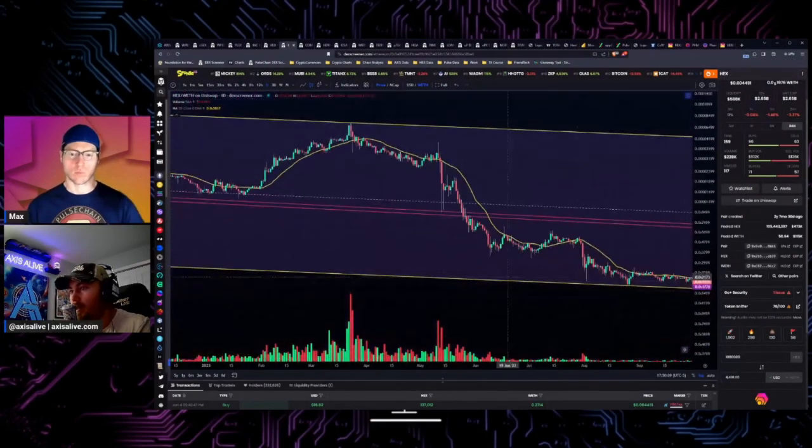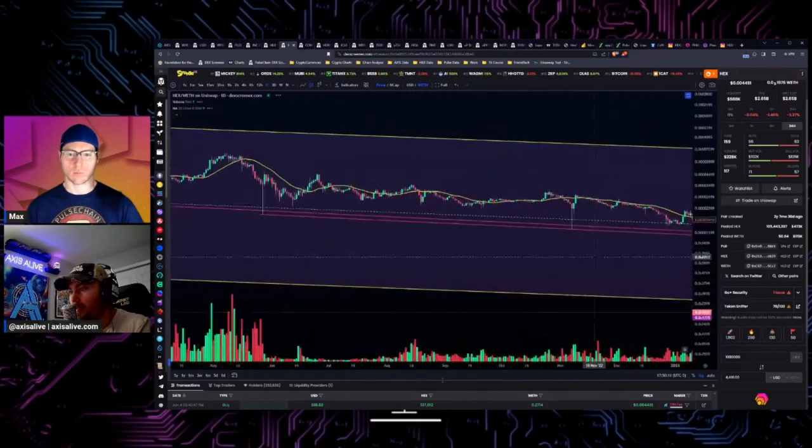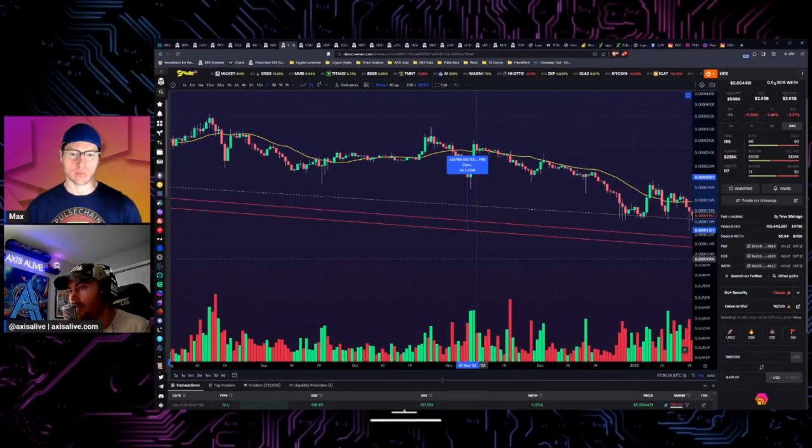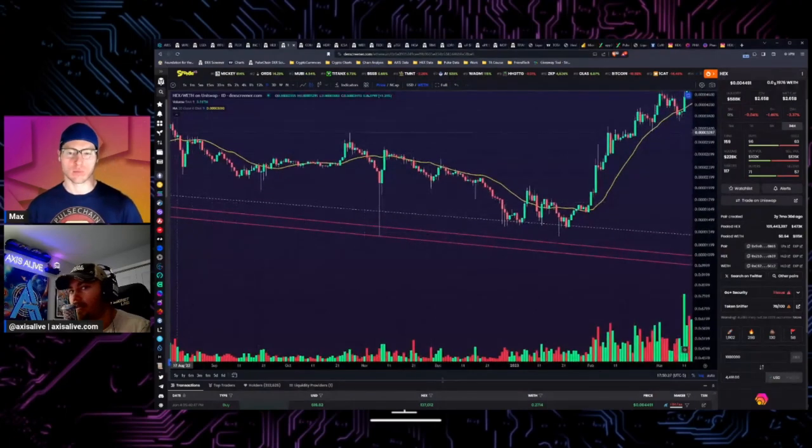And you might want to put in limit orders. Here's a good example. Big wick down, about 37% down, and then it got bought right back up because there were people with limit orders sitting in here that pushed the price right back up. And then look, the price did then follow.